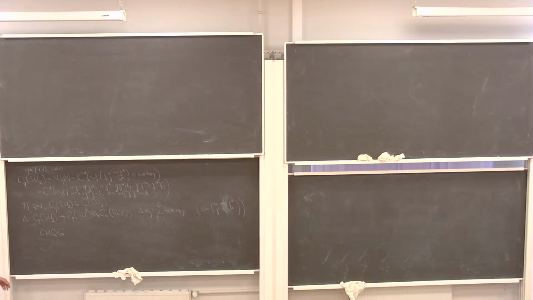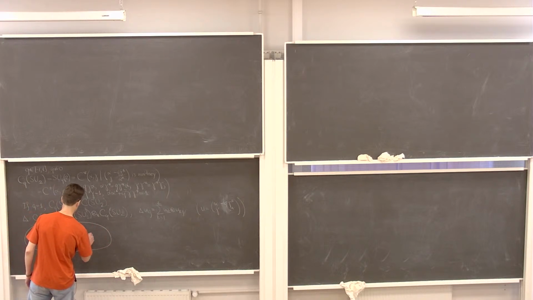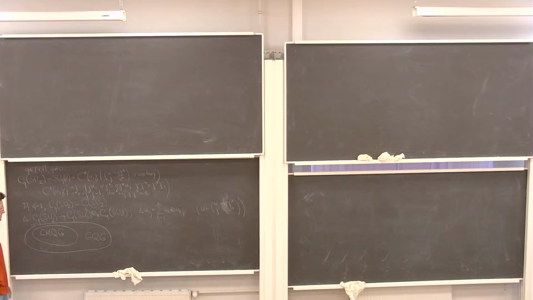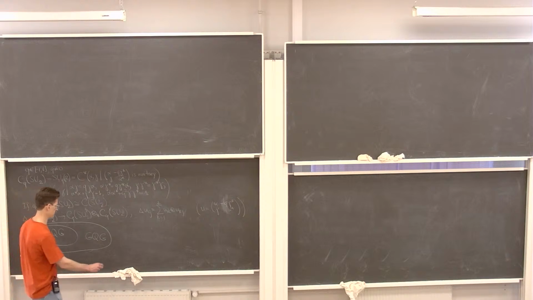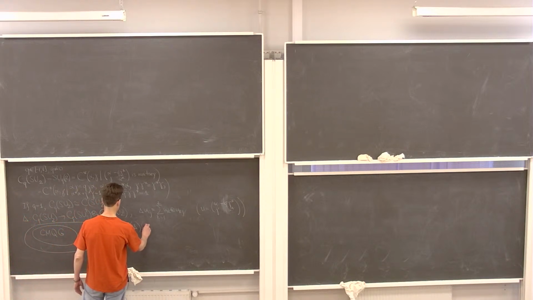So the quantum SU2 is a special case of a compact matrix quantum group. And we also proved at the previous lecture that every compact matrix quantum group is a compact quantum group in the sense of Woronowicz. That is, let's write down again these conditions.